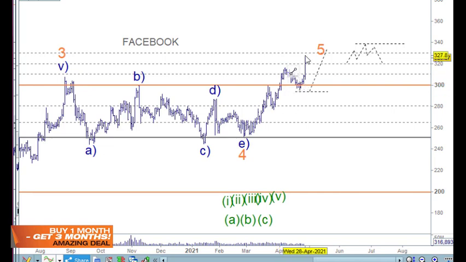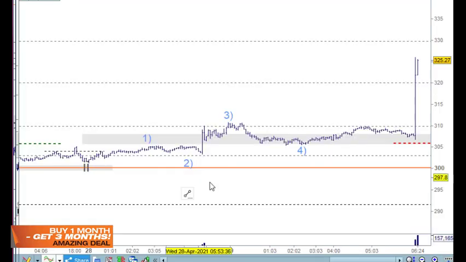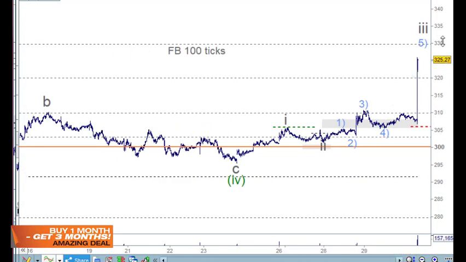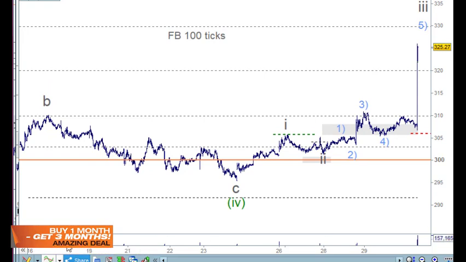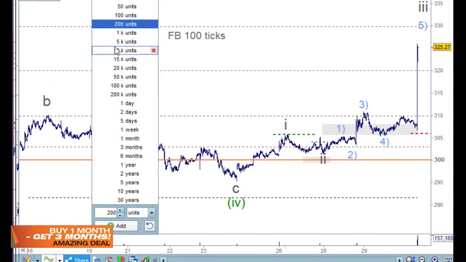This move up through here, we probably could look at it in 5 waves of wave 1 and 2 in here somewhere, nice strong third wave here. There'll be a 4th wave and a 5th wave here. So let's just go to the tick chart first. So, let me just get in more data.